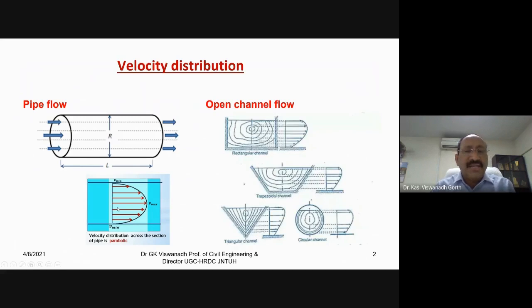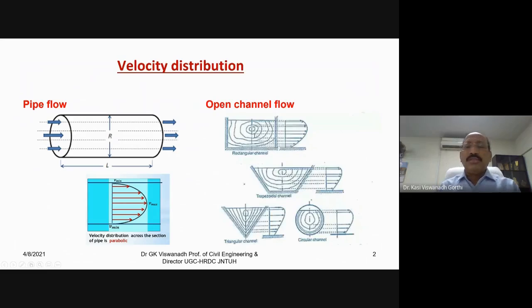However, for a typical pipe flow at a given section, the velocity is minimum at the pipe boundaries and maximum at the farthest point from the boundary, which is the center line of the pipe.